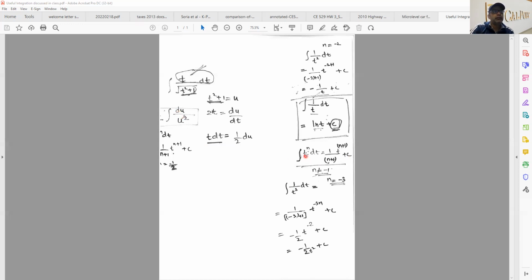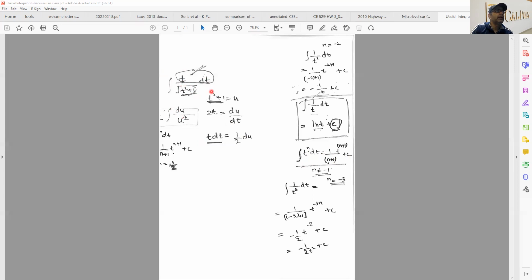For example, for t raised to power n dt, I provided you with the exact formula on how to integrate it. Now, if you look at this integral here, t divided by square root of t squared plus 1 dt, there is no formula for that. It doesn't take the form t raised to power n dt.